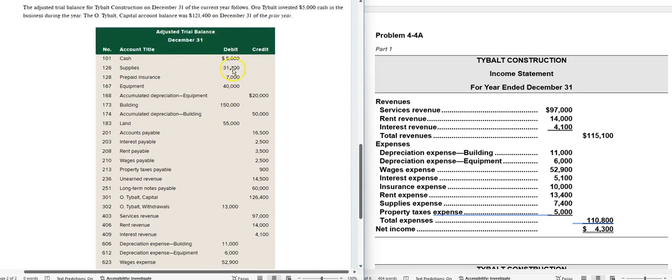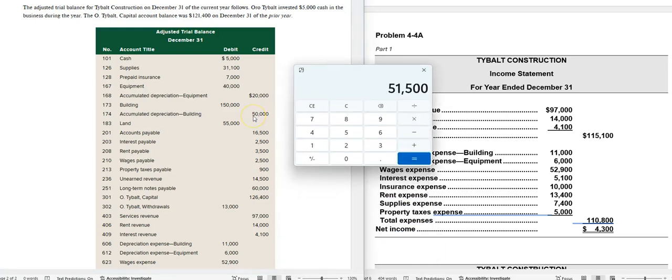If I look at where we ended this year in owner's capital, the owner's capital balance ended this year with $126,400. It began the year with $121,400. So I can start to make some inferences here based off of what they've told me. Remember, the only thing that is affecting the owner's capital account directly are owner investments.